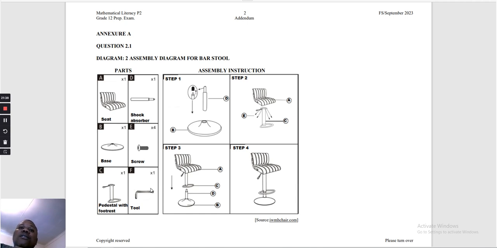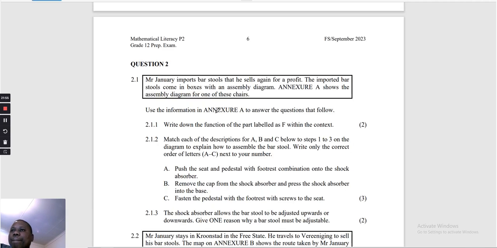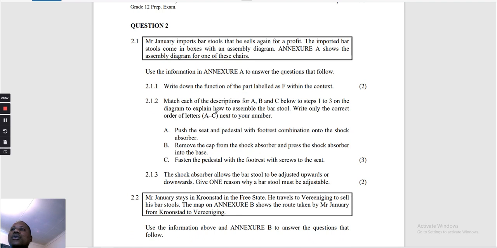We use it to fasten or to loosen the screws. We don't use it on the base, we don't use it on the seat, we don't use it on the shock, but we only use it to loosen or to fasten the screws. Okay, we move. 2.1.2. Let me just write this one. To fasten the screws.